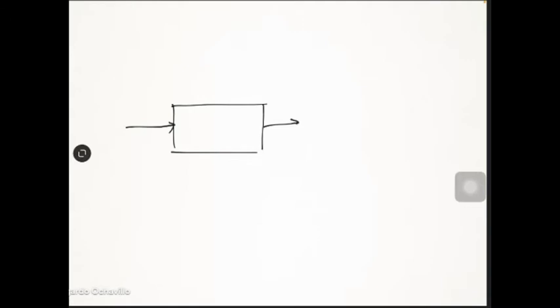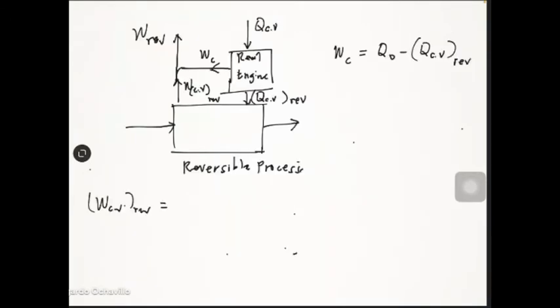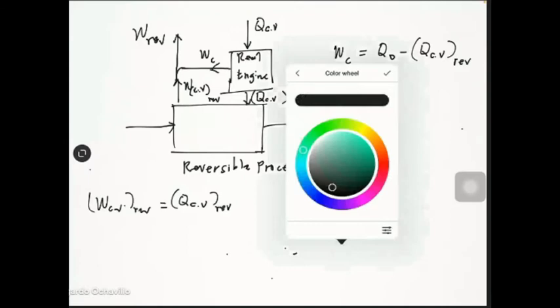So this is QCV here. This is reversible, of course, plus here the mass MI. This is HI plus VI squared over 2 plus GZI. Okay, minus the mass at the exit. This is HE.